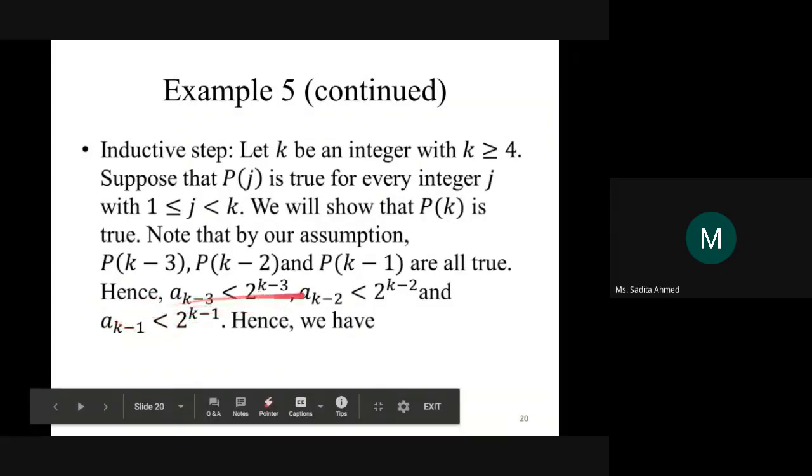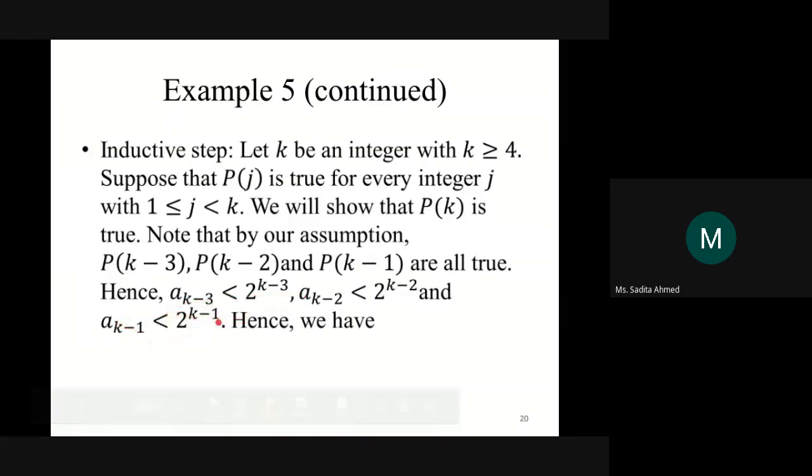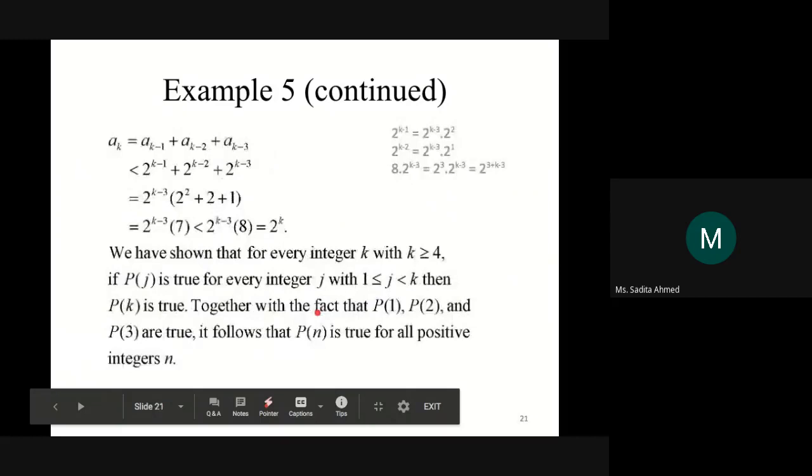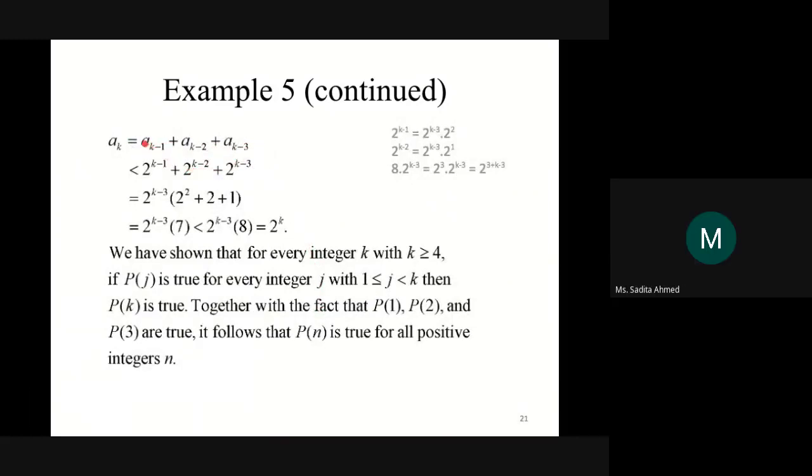If each of these is individually less than these terms, then if we sum up the left hand side terms, that summation will be less than the summation of the terms on the right hand side, right? So if we have a_{k-1} plus a_{k-2} plus a_{k-3}, each of them individually is less than these.